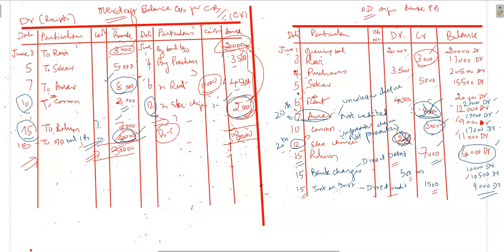Till we get the advice from the bank, we will not give debit effect to it. So when you give debit effect of rupees 1,500, this will reduce your OD. As you are not debiting it, it shows increased OD. Supposing you received the notice before 15th itself, you will debit it in the bank column of the cash book as 1,500 rupees, because of which OD balance will reduce.